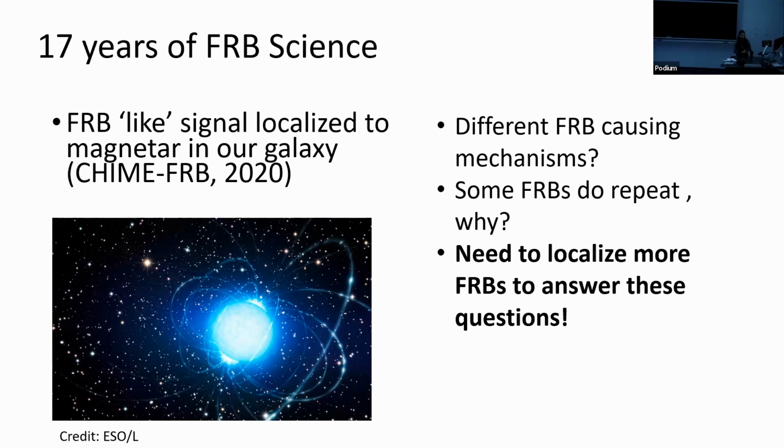It was localized to a magnetar, so that's one potential explanation for FRB emissions, but it's not something that we can be sure of, and there are also reasons to think that not all FRBs come from magnetars based on where exactly they're found in their host galaxies. And so it could be different mechanisms causing FRBs.